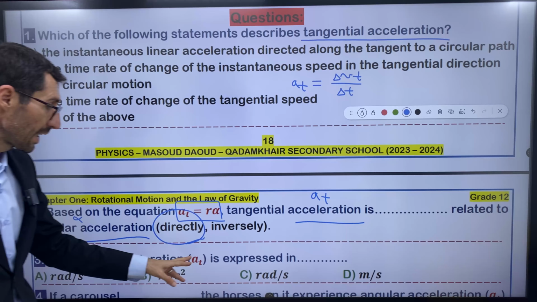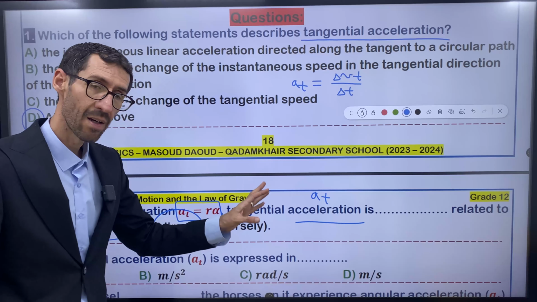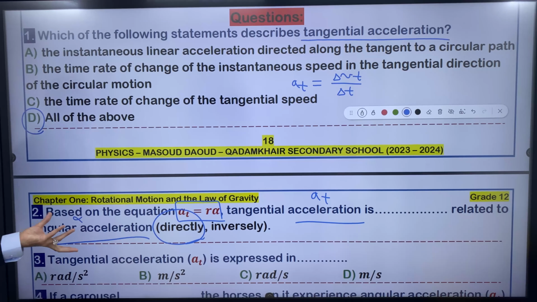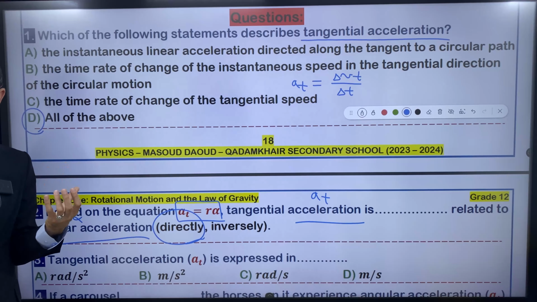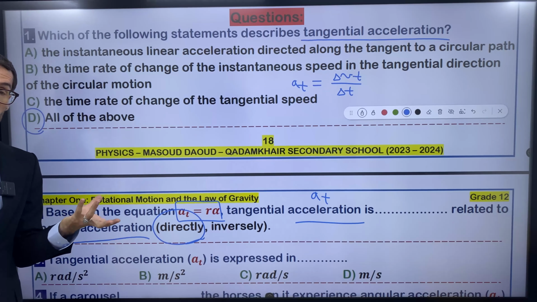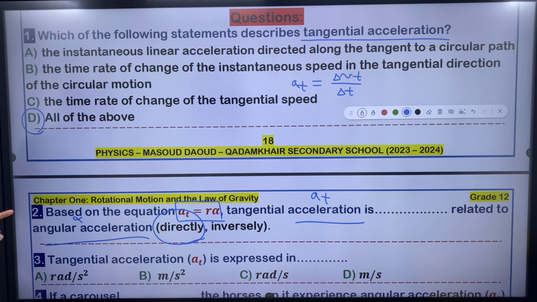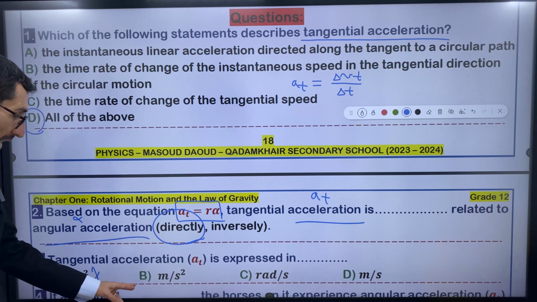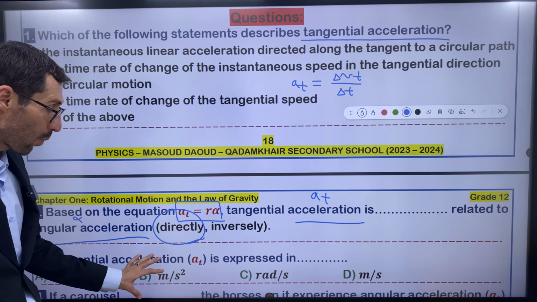Tangential acceleration, AT, is expressed in... So we look for the unit of tangential acceleration. By the way, tangential acceleration is a linear quantity. That's why it's measured in meter per second squared, not rad per second squared. That's why the first option is not true. The second option is true till now.